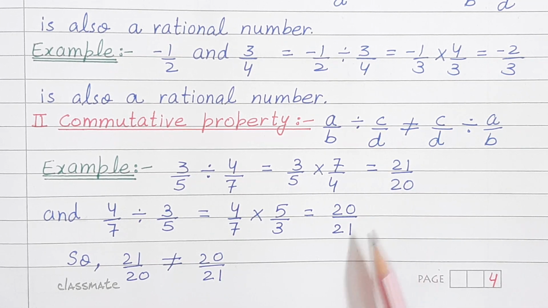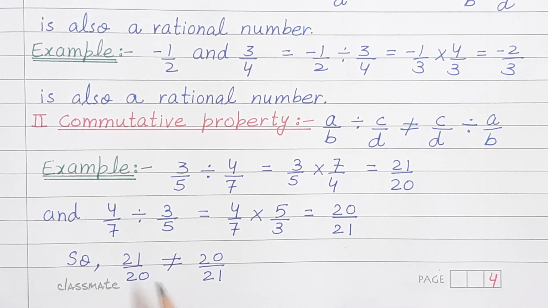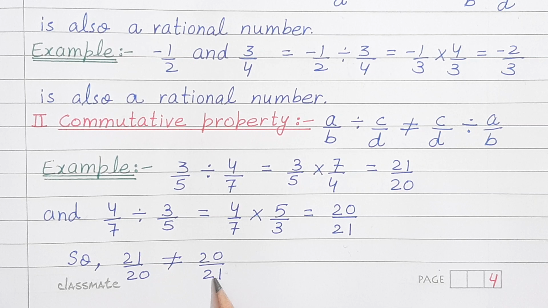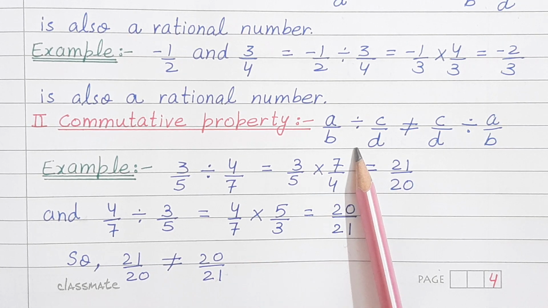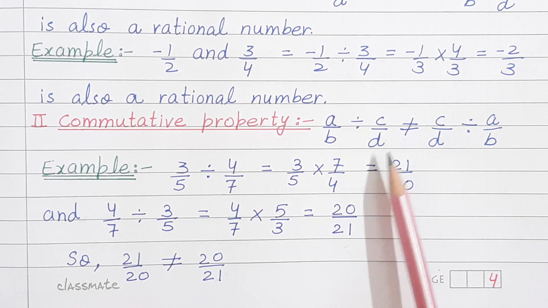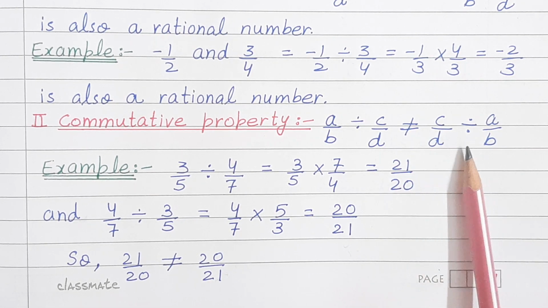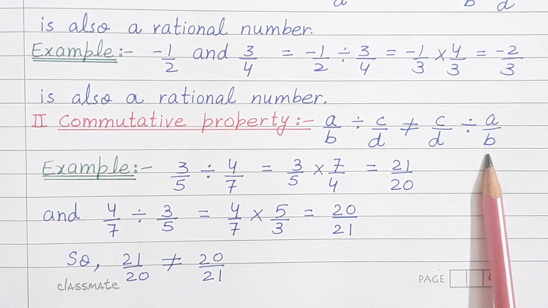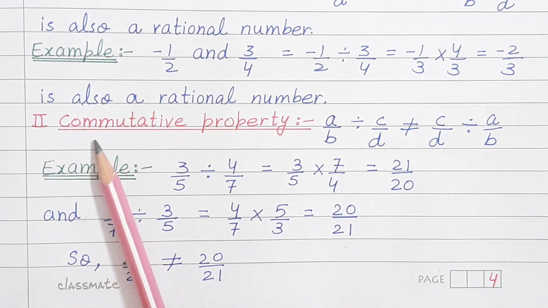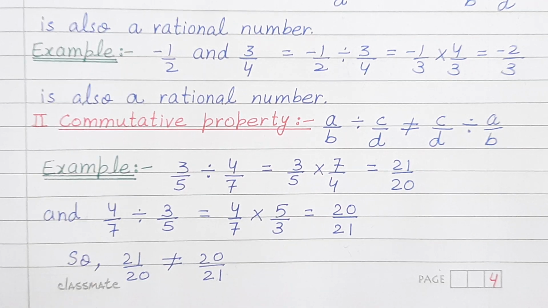So students, you can see that the right hand side and left hand side are unequal. Therefore, A upon B divided by C upon D is not equal to C upon D divided by A upon B. Hence, commutative property for division does not hold.